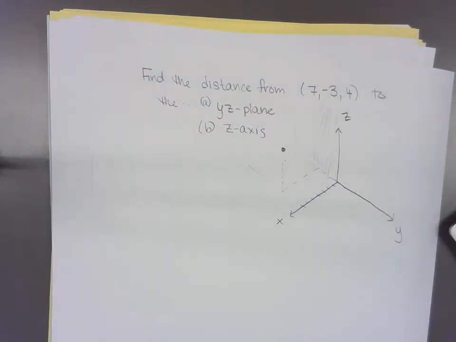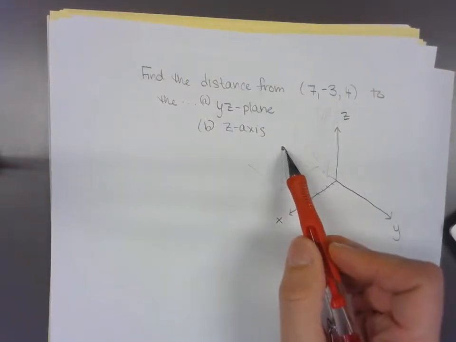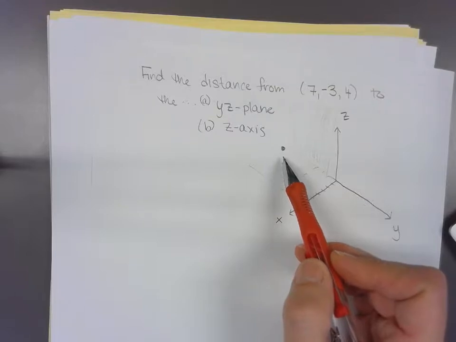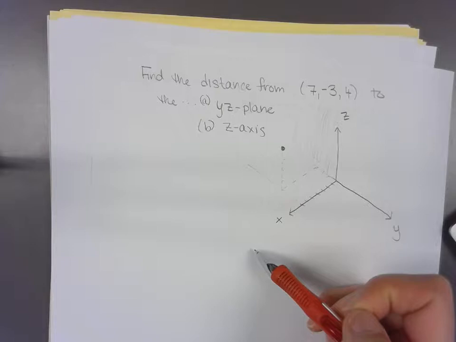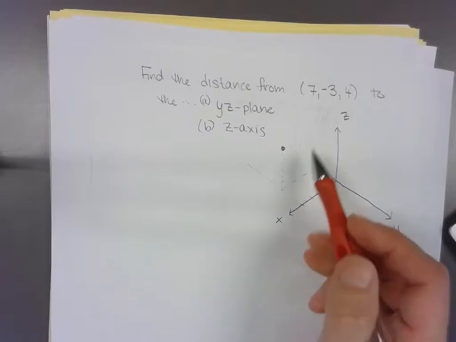So how far would we have to travel to get to the back wall from this point right here? You can go anywhere on the back wall. Four, right?